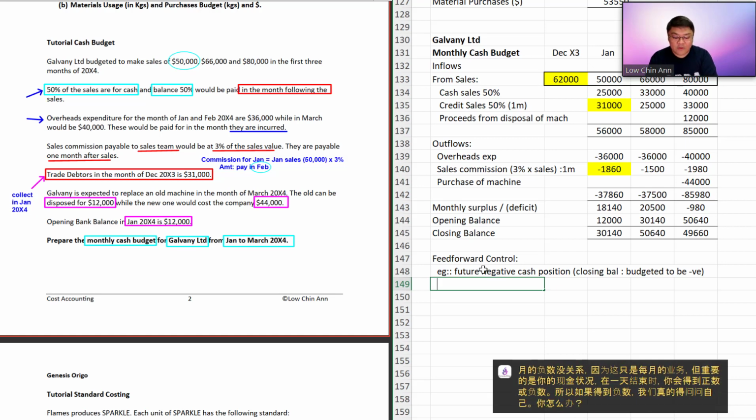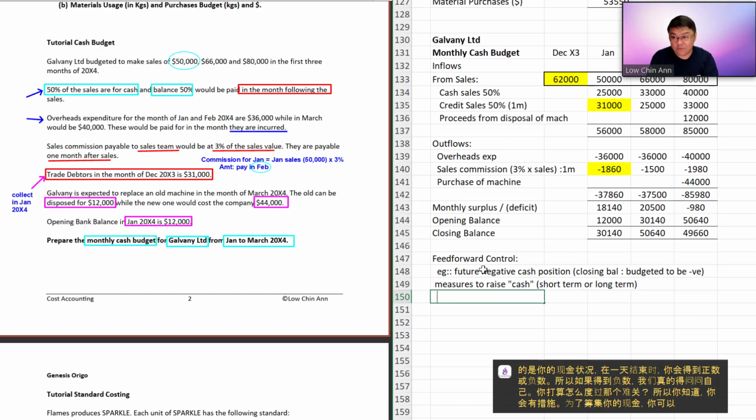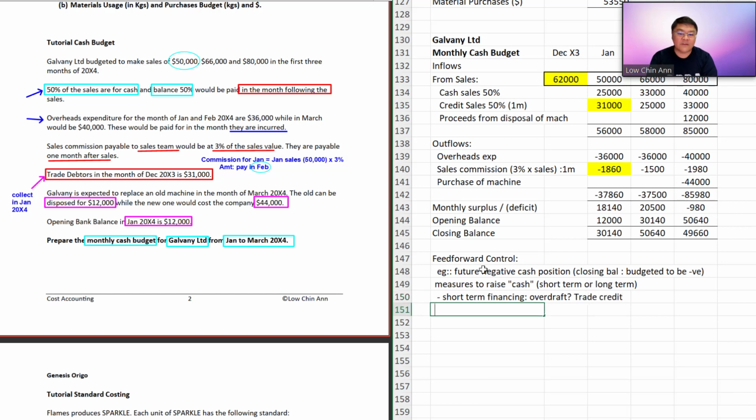So you know, you're going to have measures to raise your cash, which can be short term or long term. It's up to you what's the best way. Now normally short term measures that we have is like whether we can arrange for short term financing. Okay, so like example, if you got any kind of overdraft loan, or trade credit, these are example of things that you can use for short term.